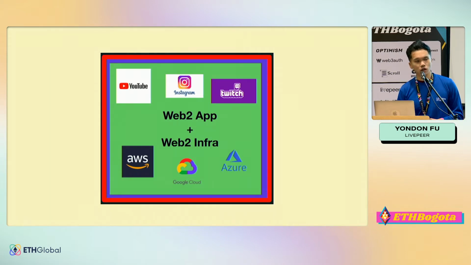In internet video, we have dominant players like YouTube for on-demand video, Twitch for live streams, and increasingly, as of late, Instagram around short-form video with their Reels feature. TikTok is also in that category. At the same time, when we think about the infrastructure that powers all of these experiences, we have some familiar names: AWS, Google Cloud, Azure. A lot of these hyperscalers and cloud service providers.